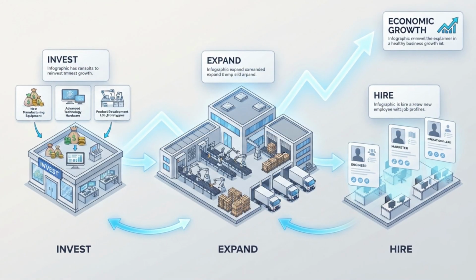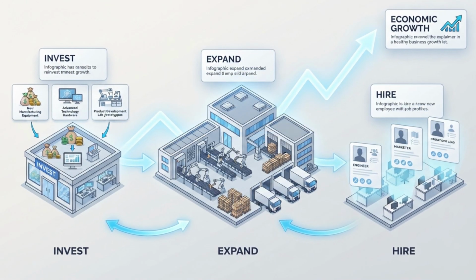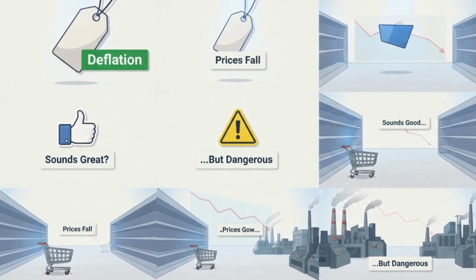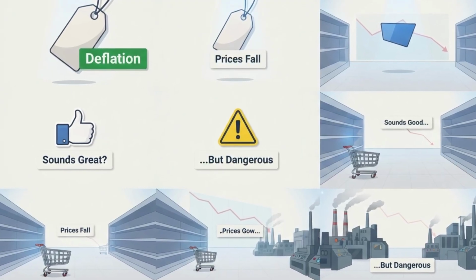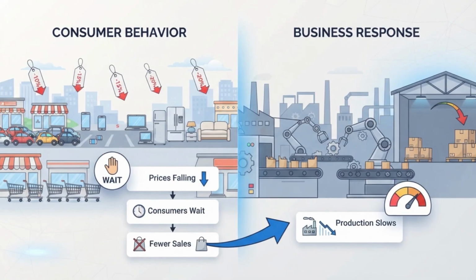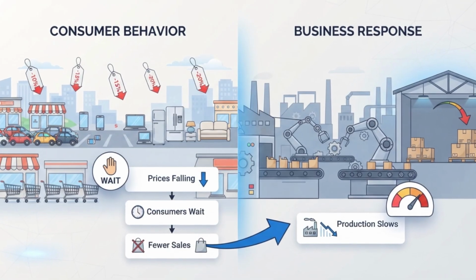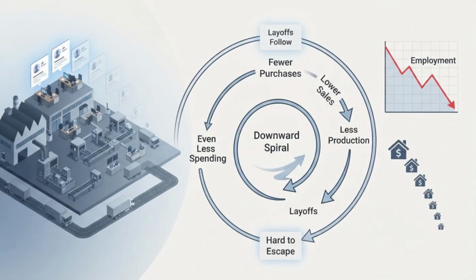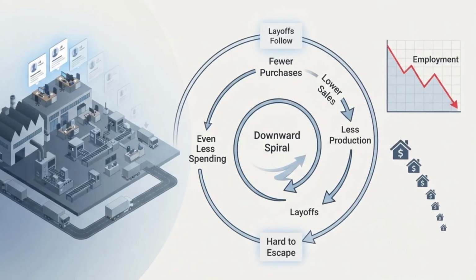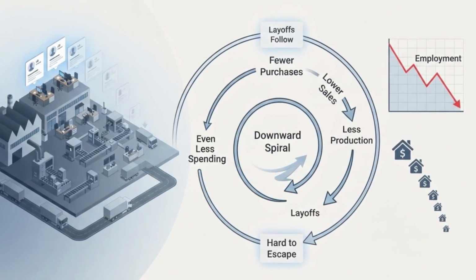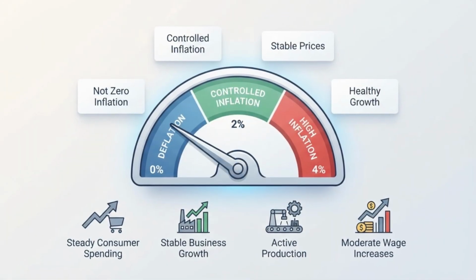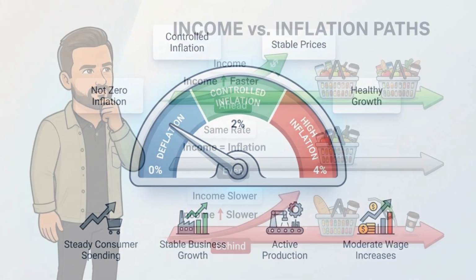Businesses have incentive to invest, expand, hire. Deflation, falling prices, sounds great on paper. But it's actually dangerous. If prices are falling, consumers wait to buy. Businesses slow production. Layoffs follow. It's a downward spiral that's historically very difficult to escape. So the goal isn't zero inflation. The goal is controlled inflation.